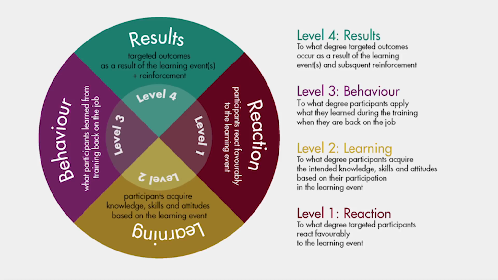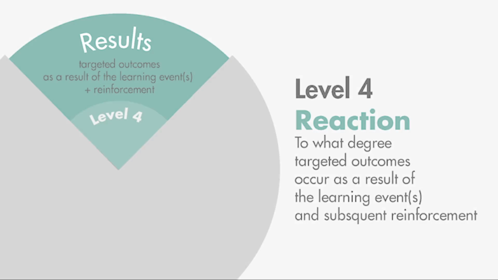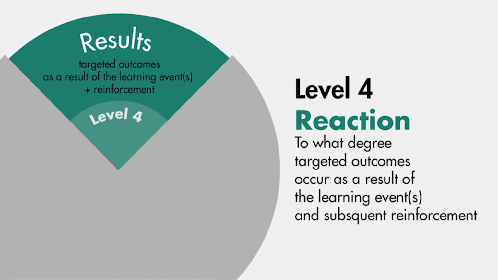The following graph demonstrates how the 4 levels start at the end. So here we have Level 4, Level 1, Level 2, Level 3. Level 4. To what degree targeted outcomes occur as a result of the learning events and subsequent reinforcement.